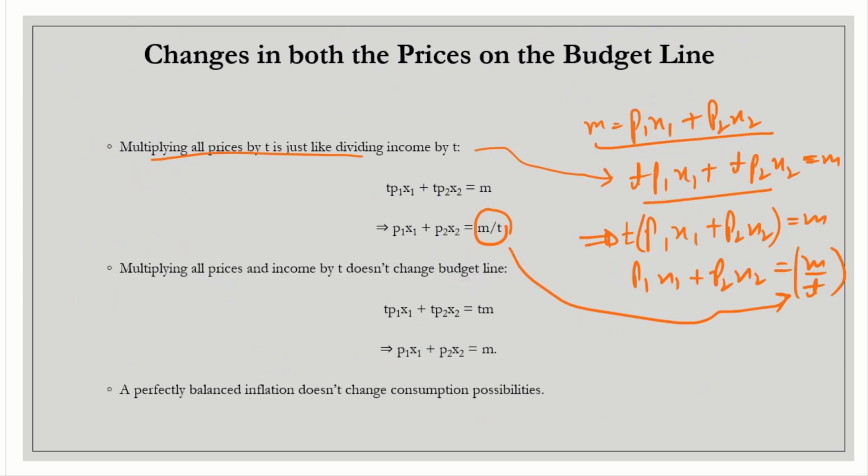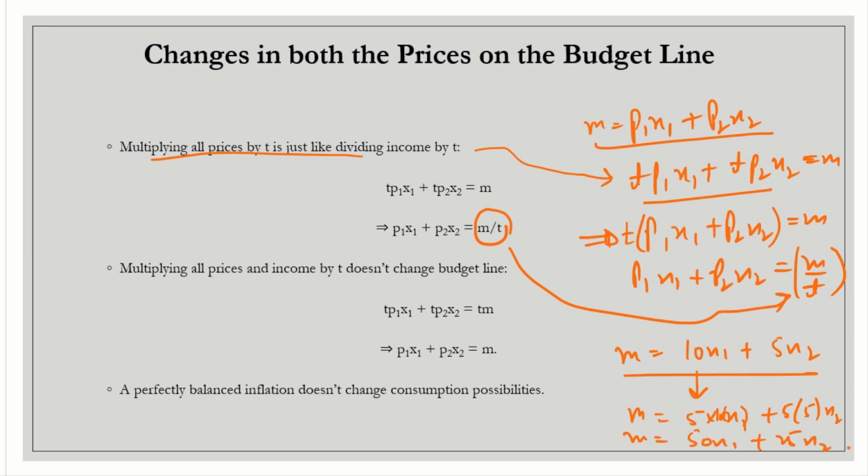Similarly, if I multiply both the prices by the same amount, for example M equals 10x1 plus 5x2 was the initial case, and I multiplied the prices by 5, so it will be 5 times 10x1 plus 5 times 5x2, so M equals 50x1 plus 25x2.